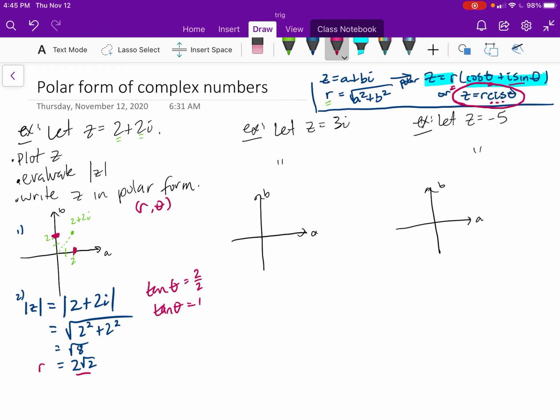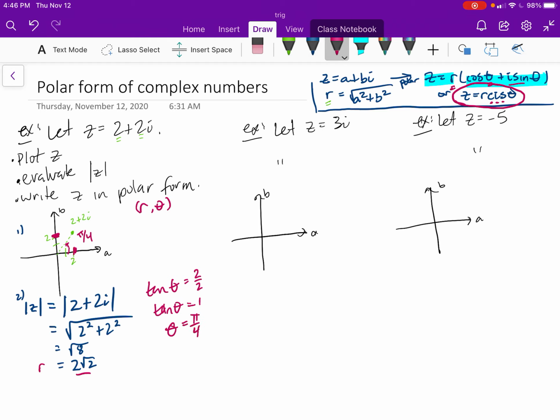And you have to think, where's the tangent equivalent to 1? I mean, this one I could basically eyeball, right? It's 45 degrees, or pi over 4. But you could verify that, right? Use your charts and the unit circle, so theta is pi over 4.